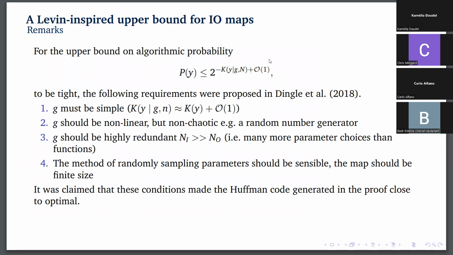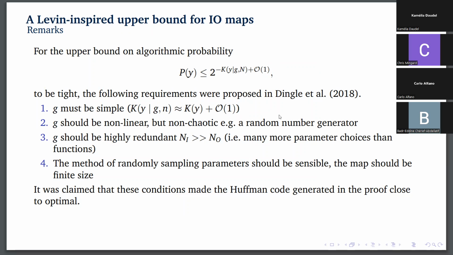Again, there are some conditions that Kamal said would make this bound tight. Obviously the map must be very, very simple, because you're upper bounding the true Kolmogorov complexity with the complexity of the map and then the complexity of the input to the map by this Huffman code. So we need the algorithm to be very simple. G should be nonlinear, because if it's linear, there's no bias at all.